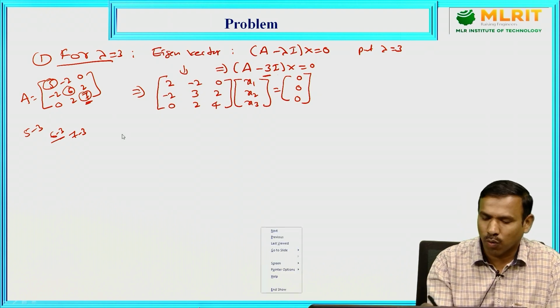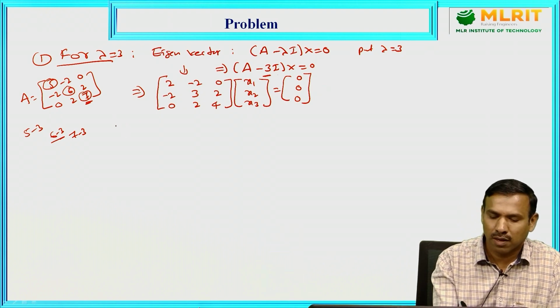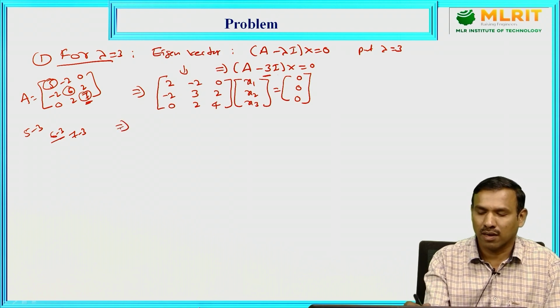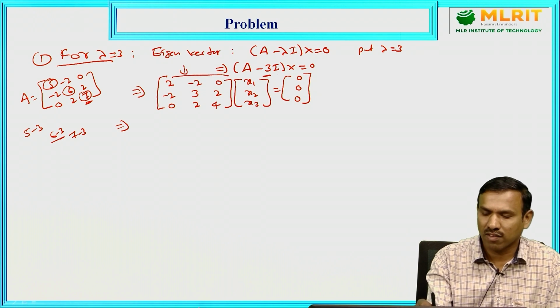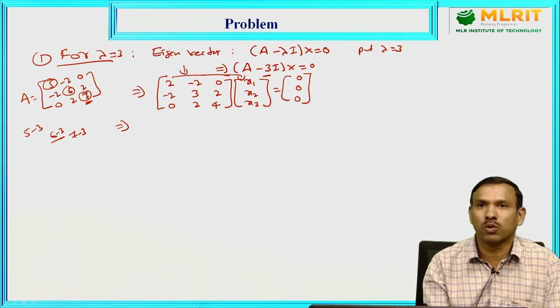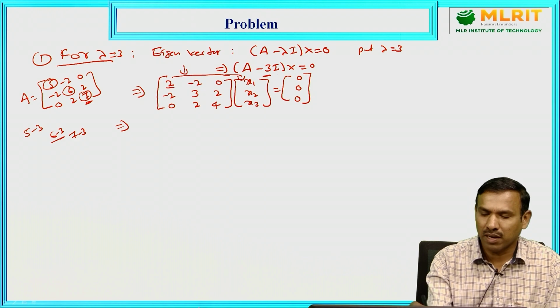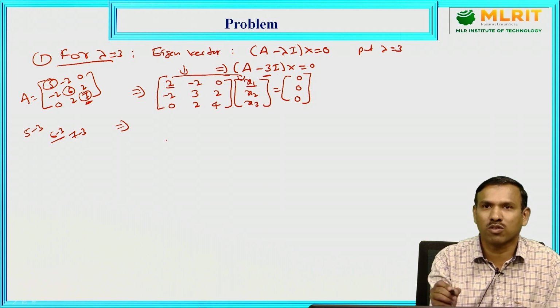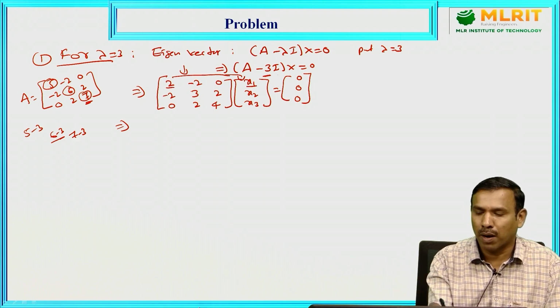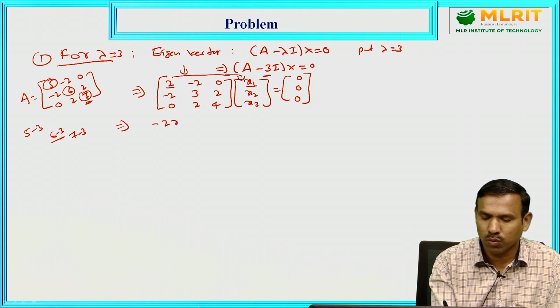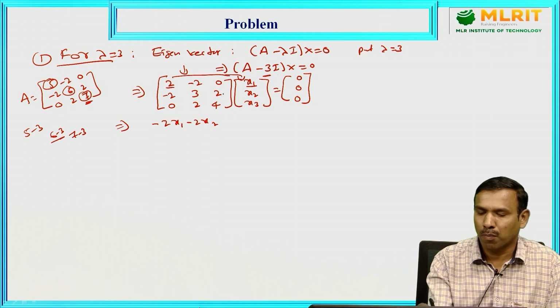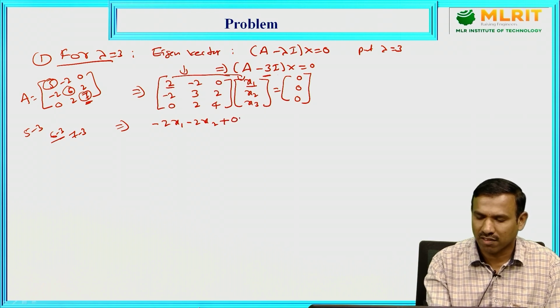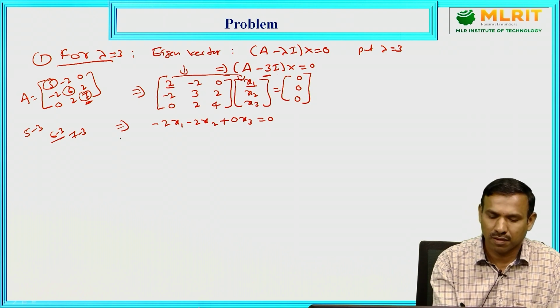Now how to solve this? We need to find the eigenvector x1, x2, x3 corresponding to the eigenvalue. So multiply row versus column, as we know how to multiply two matrices. First row with x1, x2, x3: 2 x1, minus 2 x2, plus 0 into x3, let us write the 0 also as it is, it will be easy for us.